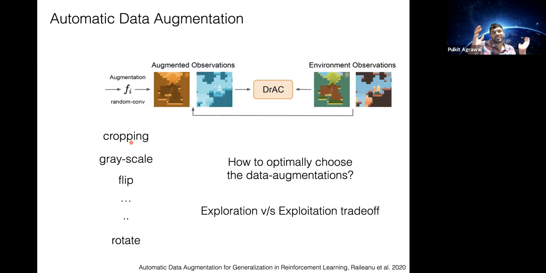Let's suppose I choose one setup of randomization: I say cropping is more important than flipping, and rotating is more important than grayscale. Should I stick with those randomizations, or should I try some other combination? Why are we trying these combinations instead of uniformly going over all augmentations? Because uniform augmentation or randomization can hurt peak performance.